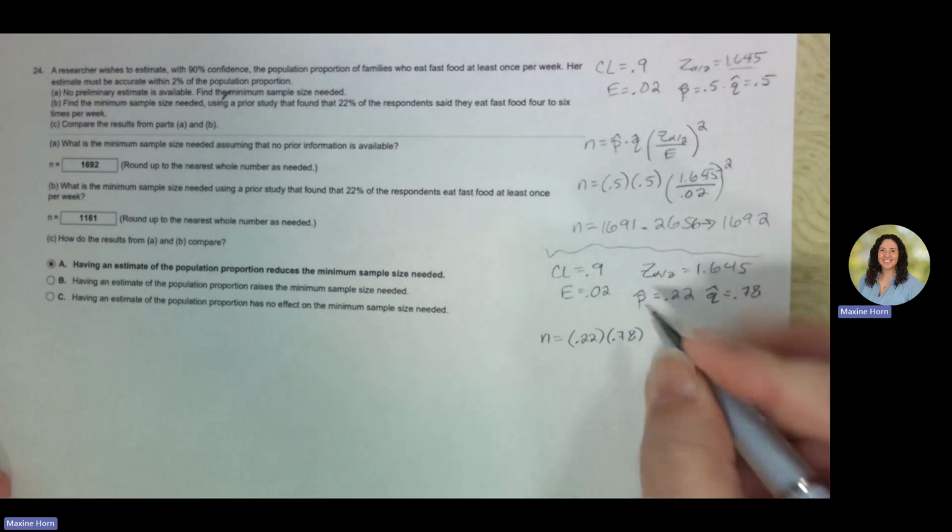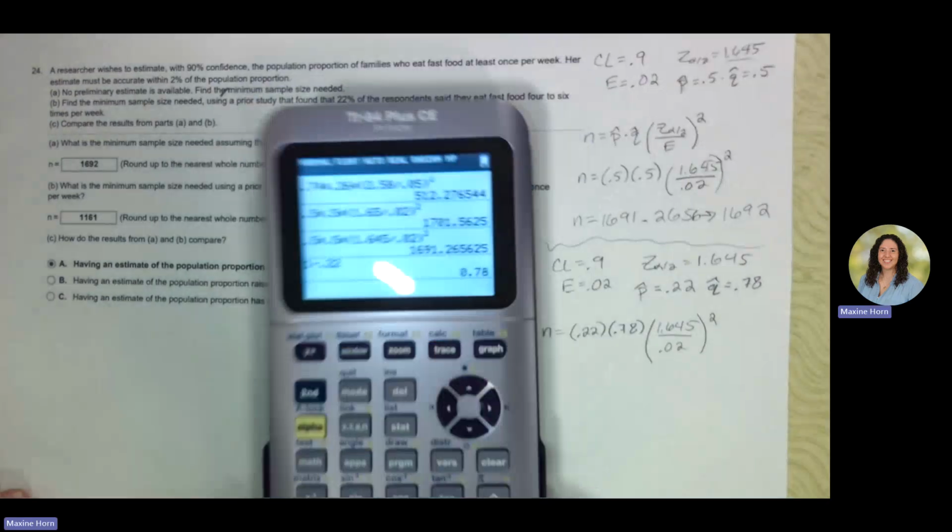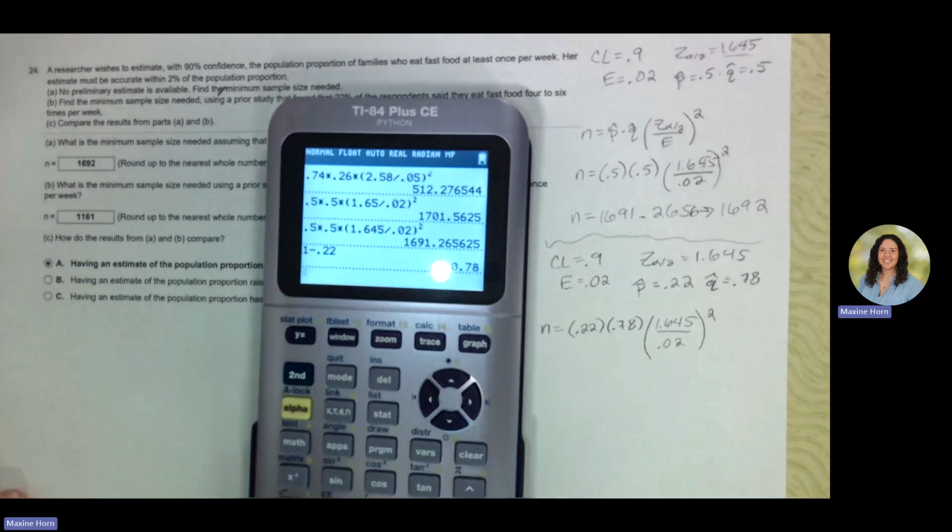Okay, so now with additional information, with a prior study that's related, that gives us a point of reference, some context. Let's see how that affects our minimum sample size that we need.